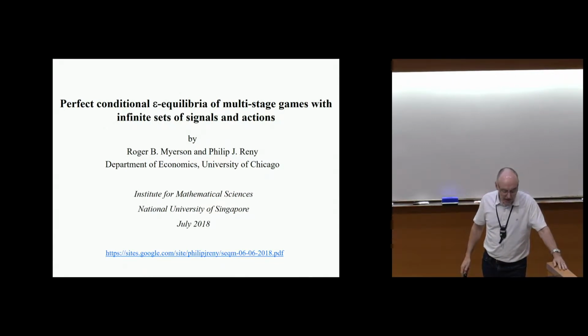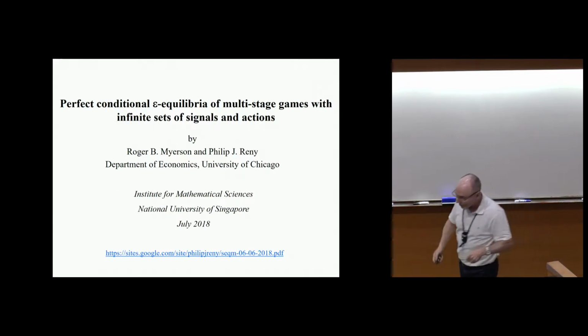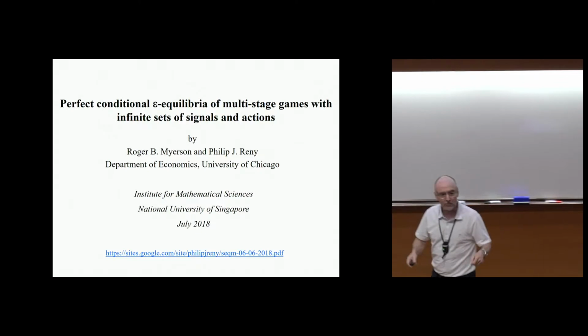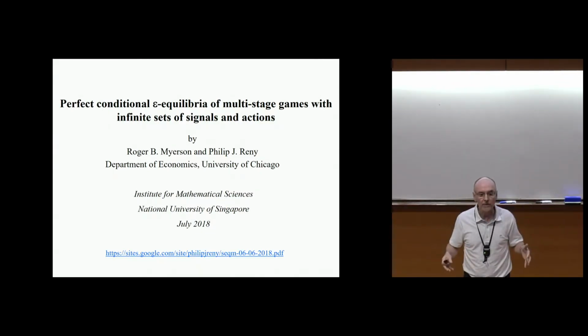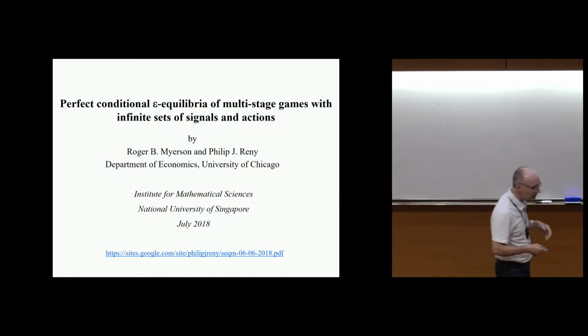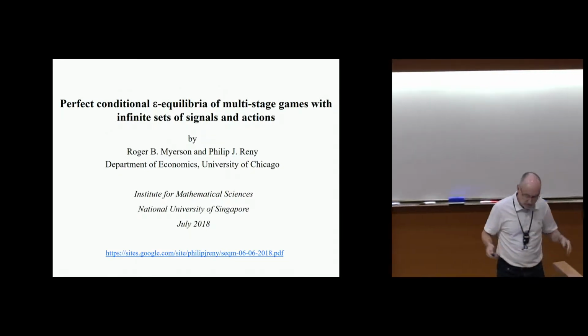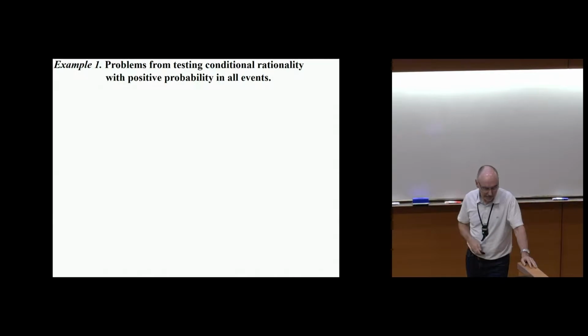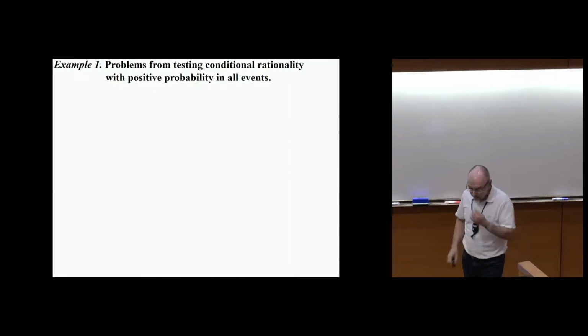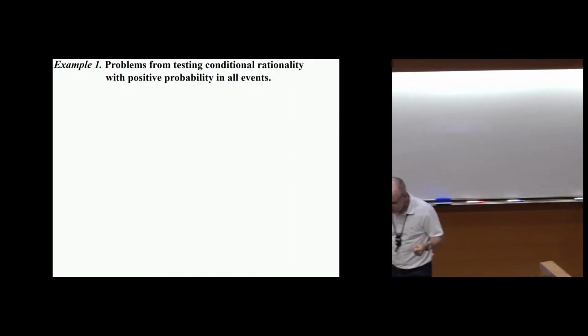Let me start with an example that will show you that, conditional on going that route, having to deal with the infinite game itself and come up with some kind of generalization of sequential equilibrium, what problem you run into right away. So again, let's remind ourselves of Kreps and Wilson.